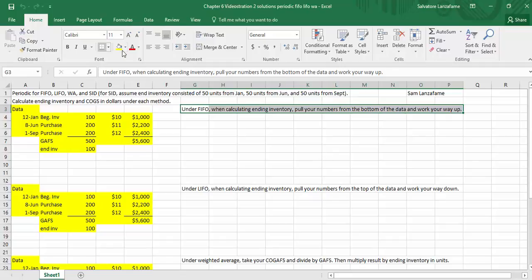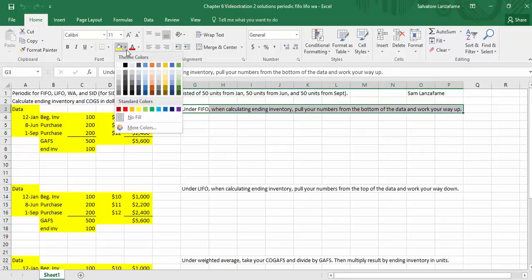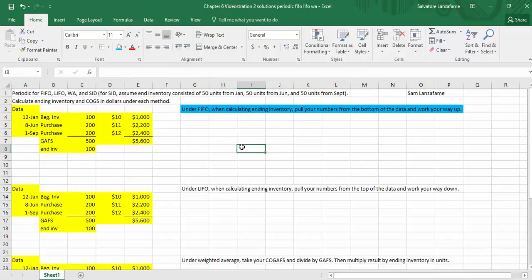That is true, but we're after what's left. So instead of looking at the ones that went out first, we're trying to figure out the ones that are left over. So the first ones in are the first ones out. That's true, but we're after the ones that are still left, the ones that we haven't sold yet. So our job is to put a value on the 100.